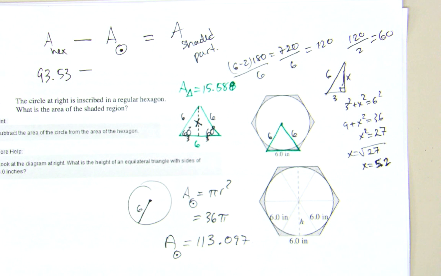Okay, so now I have no idea. Something's wrong with this picture. Subtract the area of the circle from the area of the hexagon.